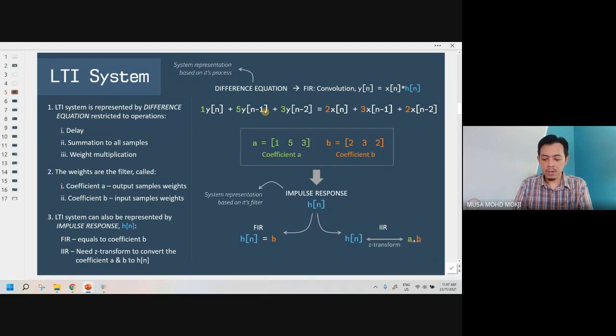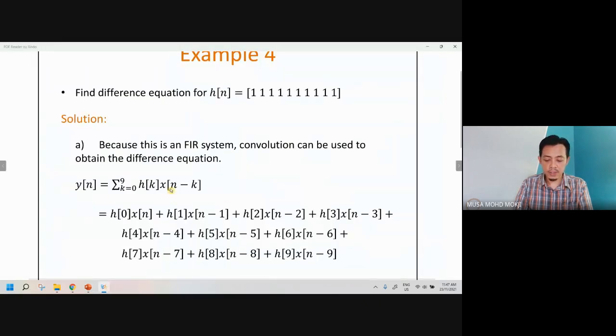So we don't have this one, we only have Yn alone for FIR. Then we can do it very straightforwardly. This is the equation generally.